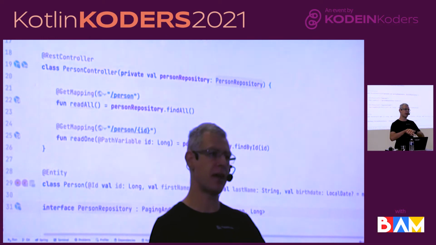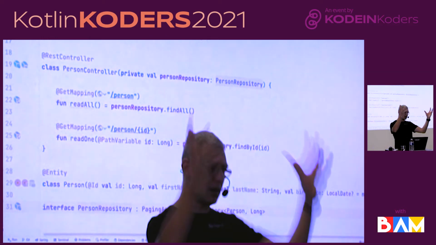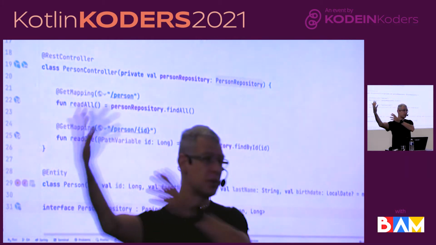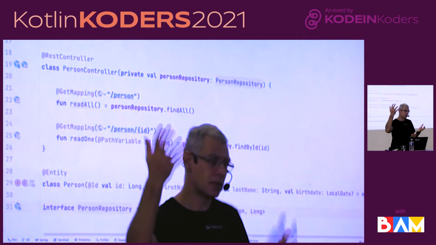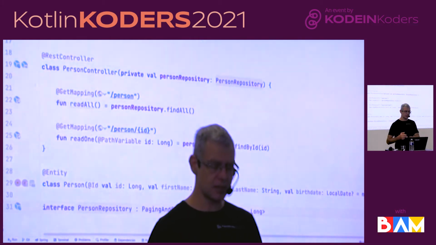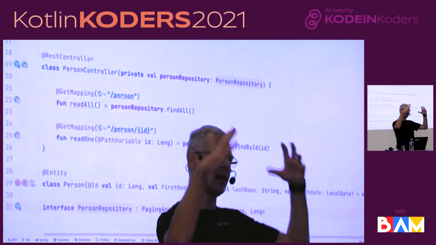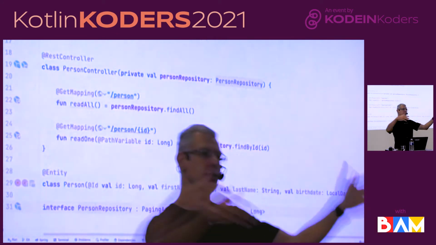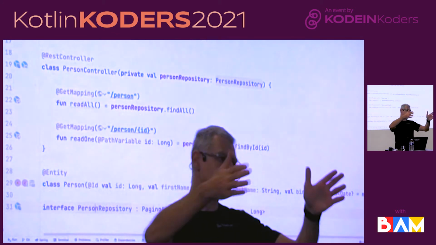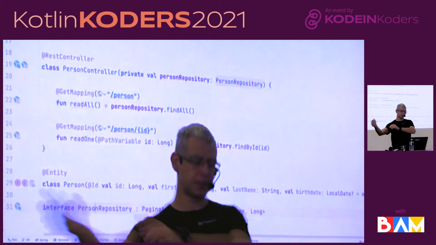So instead of having a class that you annotate specifically, you assign paths to functions, and the functions take server requests and return server responses.